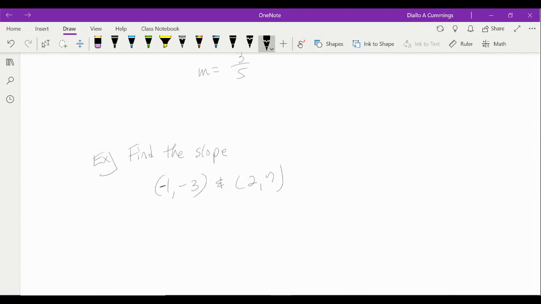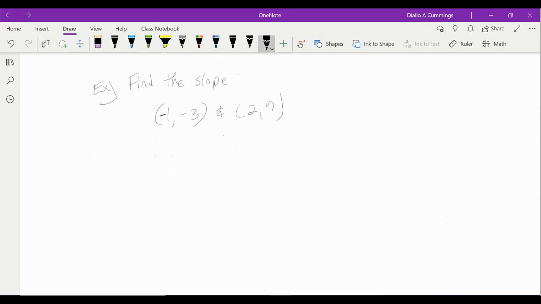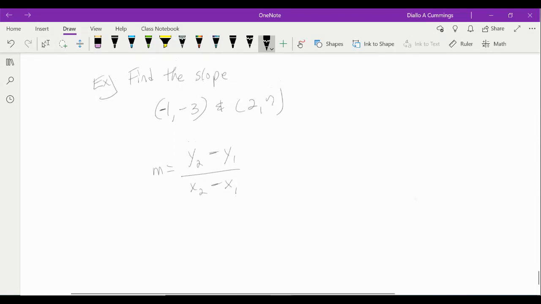So we'll take a look at another example. We're asked to find the slope that passes through these 2 points, -1, -3, and 2, 7. So we'll use the slope through 2 points formula, which is y sub 2 minus y sub 1 over x sub 2 minus x sub 1. Here again, I'll substitute. y sub 2 is 7, minus y sub 1, which is -3.